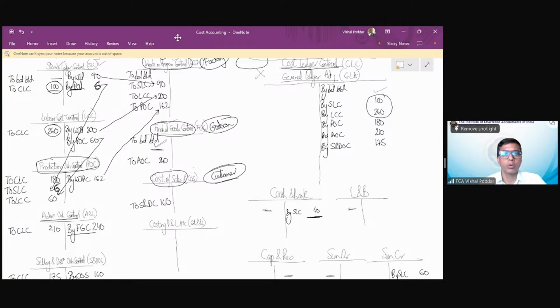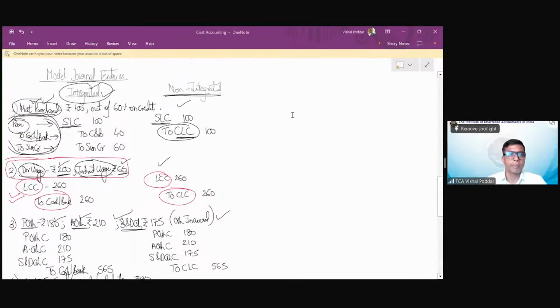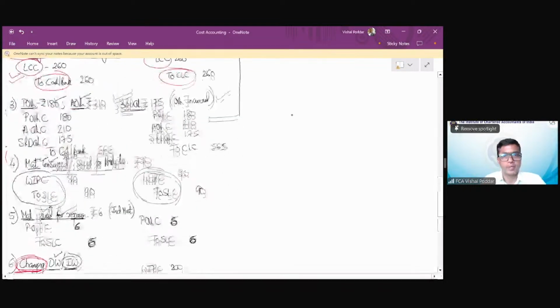See, I'm going slow because these are all new concepts, new transactions. It may take some time to percolate, but it is fun, it is interesting. Right? So I repeat, we have 3 transactions which represent expenses incurred or paid.